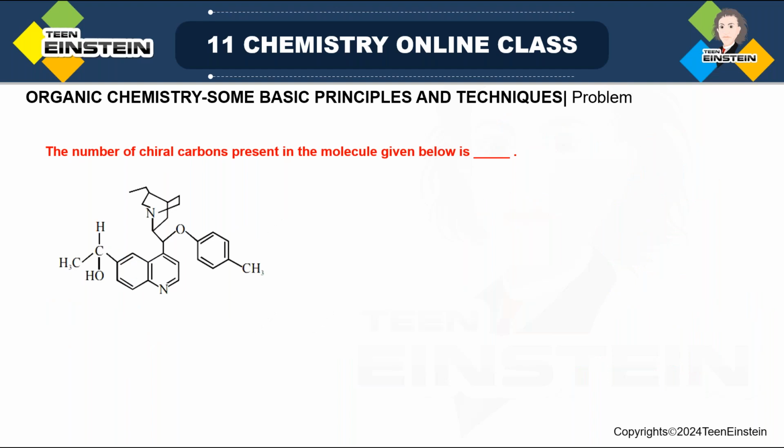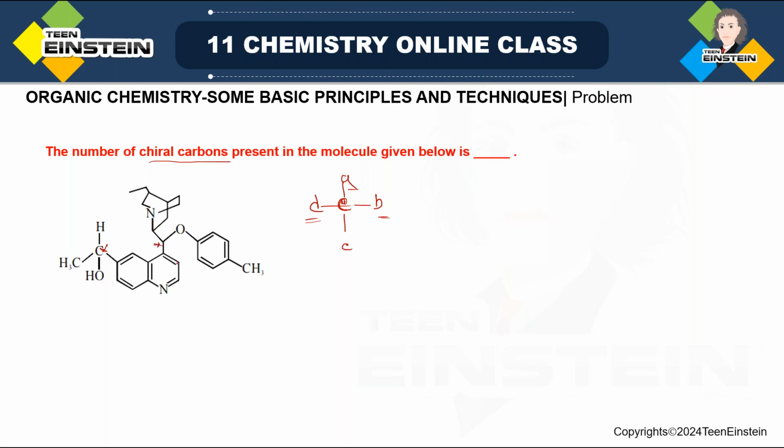The number of chiral carbons present in the molecule given below. Now, chiral carbon means where the four substituents attached to the carbon must be different, A, B, C, and D. If it is the case, then only it will be chiral. Now, this part you can easily understand. All the 4 groups are different, isn't it?